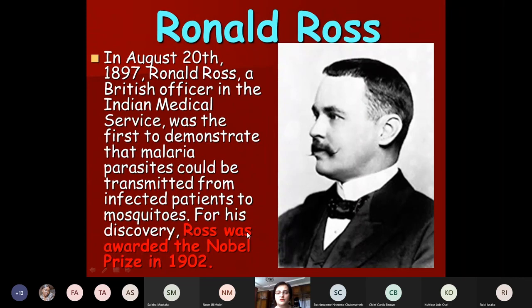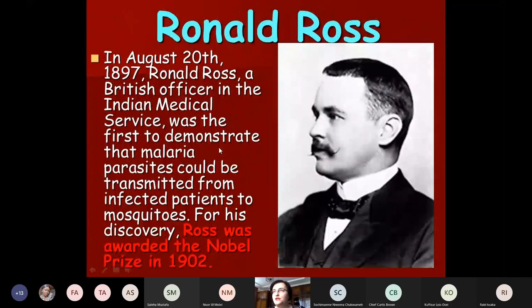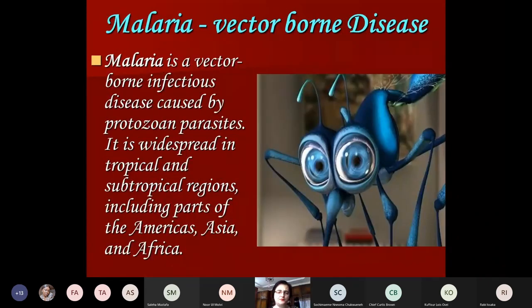For his discovery, Ross was awarded the Nobel Prize in 1902, even earlier than Alphonse Laveran. Because the transmission was even more interesting and important, and also because understanding of transmission will lead to understanding the possibility of prevention.